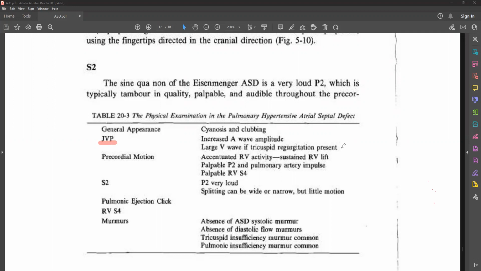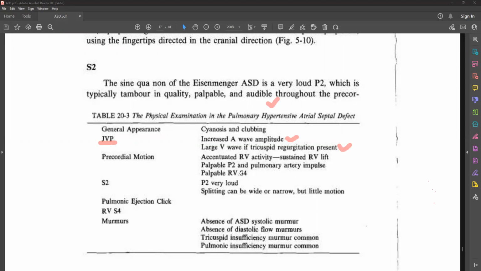I told that the V wave will be bigger than the A wave in a patient with atrial septal defect without pulmonary hypertension. That gives us an idea. But here the reverse happens. What you usually get in pulmonary hypertension happens here. A wave amplitude increases and large V if TR is present. This is a usual finding we get in pulmonary hypertension. So that finding comes back when there is a pulmonary hypertensive atrial septal defect.